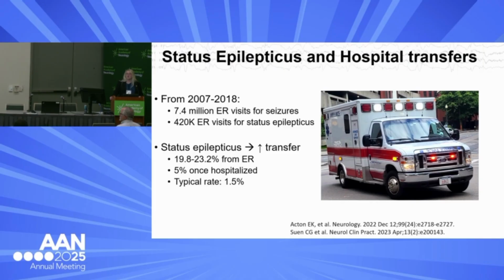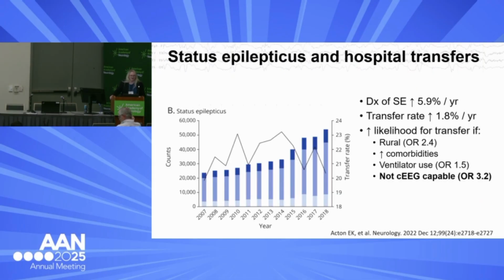About 20% of the people who come into the emergency room are going to have to be transferred to another facility directly from the emergency room. 5% will need transfer later once they've already been hospitalized. And if you compare this with all other diagnoses, the rate for other diagnoses is usually about 1.5%. So we are something that requires a lot more transfer services than other diagnoses.